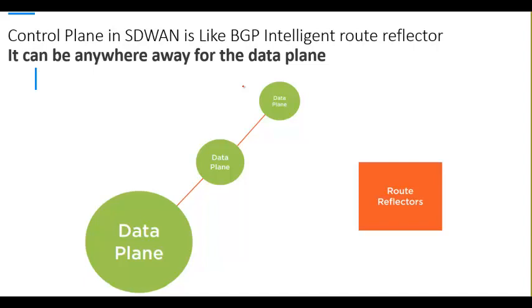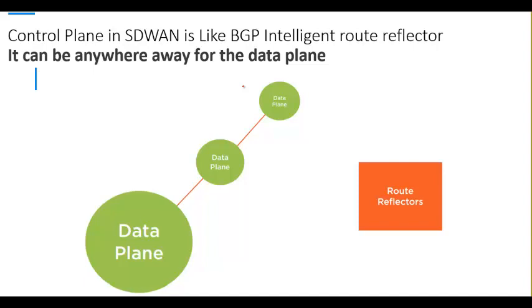This control plane in SD-WAN is simply like a BGP route reflector, where their job is simply to reflect the route. They are not going to be the tunnel endpoints. If you take BGP route reflector, you will be having overlay MPLS layer 3 VPN.